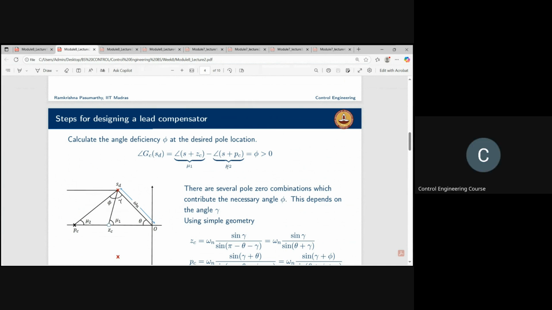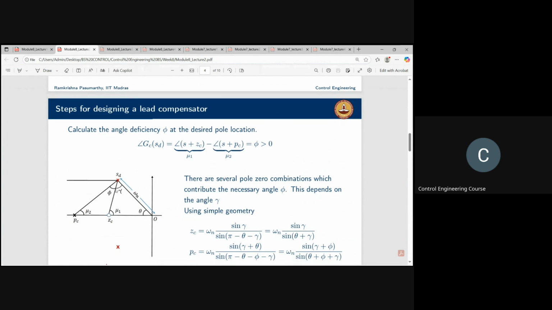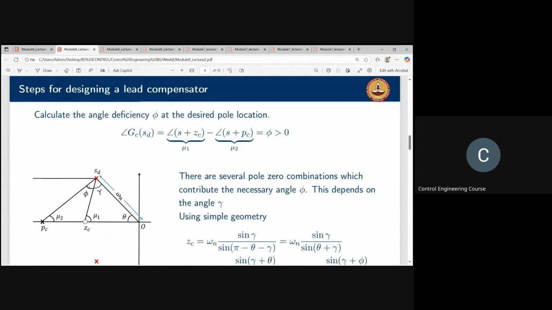So this is where the diagram is given like this. Let's say phi is the angle deficiency that is shown here. So PC and ZC together, their angle that is shown here is phi. Wait, I think there is gamma, mu and theta. Okay, just a moment.